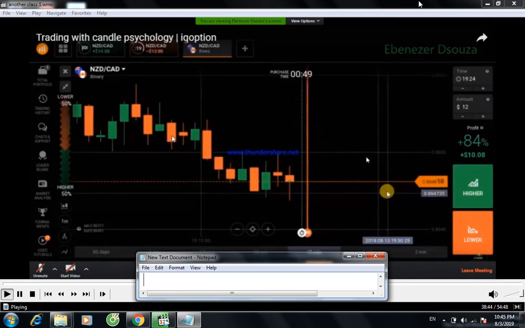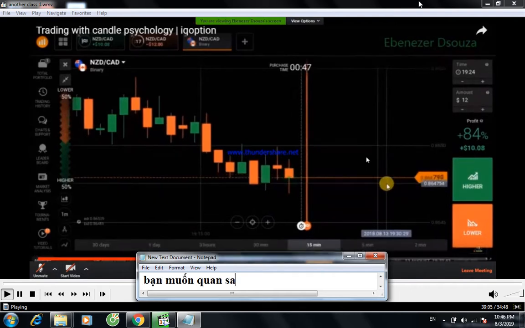As a newbie, you need to draw the lines manually first. To get that experience, you need to practice more first. You need to observe the market first.